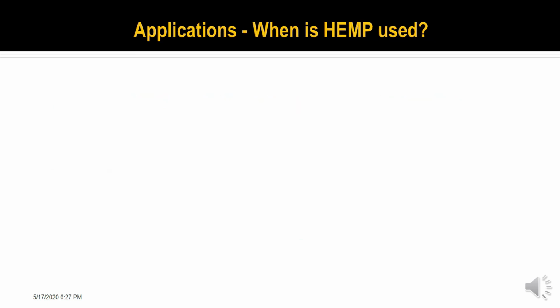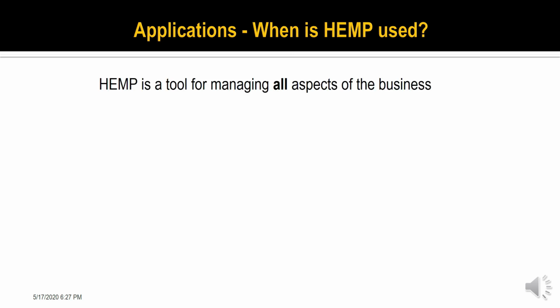Now let's see when the HEMP is used. HEMP stands for Hazard Effect Management Process, I am repeating again, and it is a tool for managing all aspects of the business, not only at the time of takeover. Where can we do it? Planning for routine operations. When you are doing routine maintenance, a routine process or anything, you can do a HEMP to identify if there's any risk.